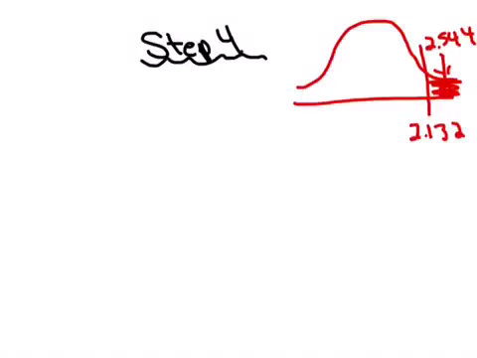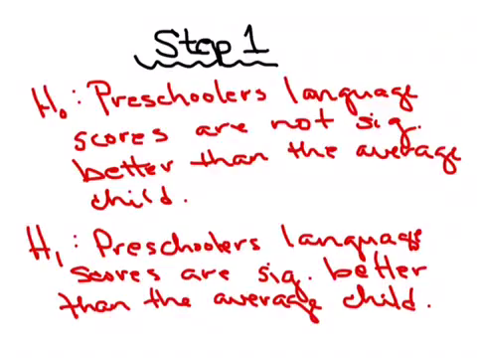So now we can state our results. Because this is significant, I'm basically going to restate my alternative statement. If you go back to the statements, the alternative was that preschoolers' language scores are significantly better than the average child.